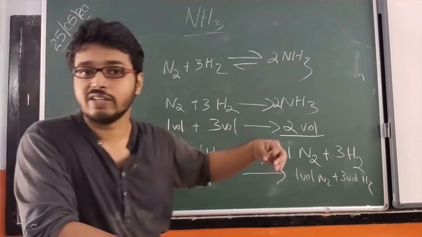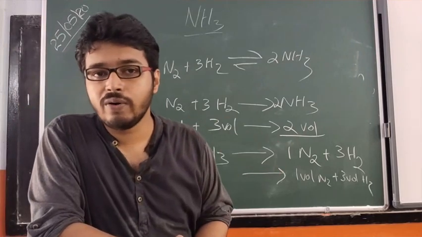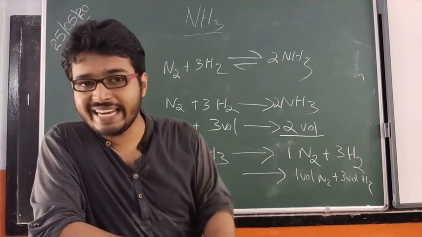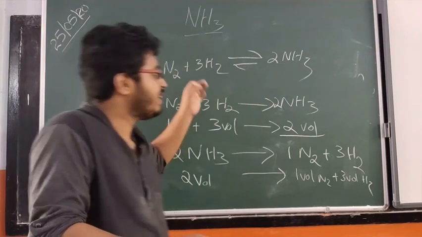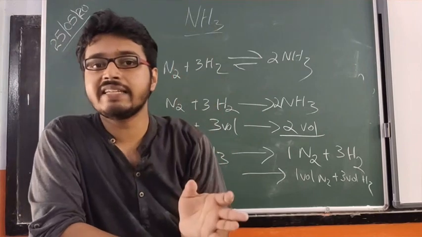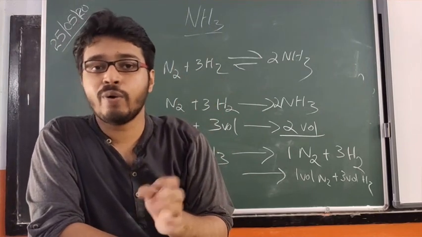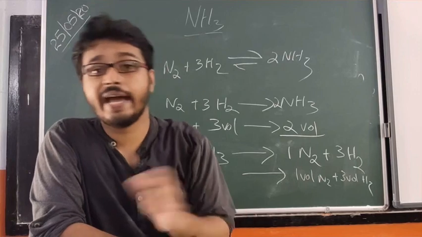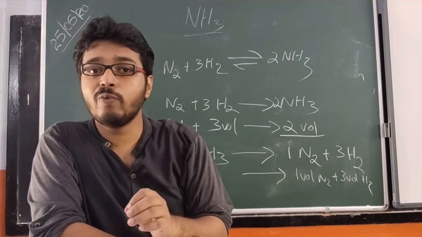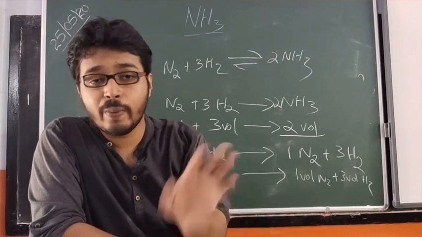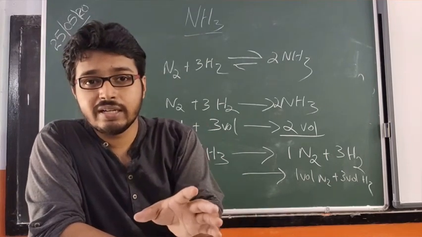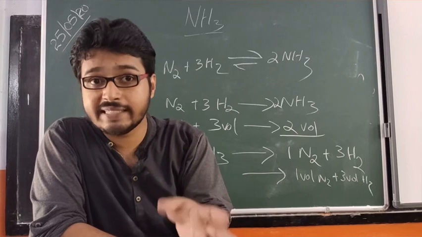So in this reaction, the volume is increasing. If you remember Boyle's law, if volume needs to be increased, the pressure has to be decreased. So suppose there was some leakage in the catalytic chamber or any other place in the Haber process. The volume of the chamber is increased, so the pressure is decreased.